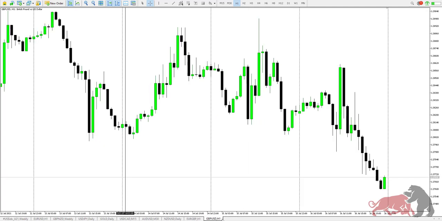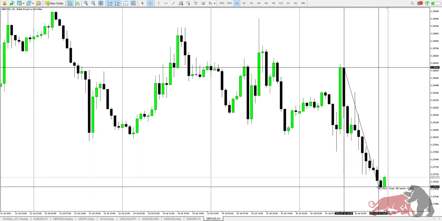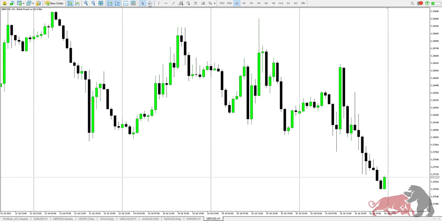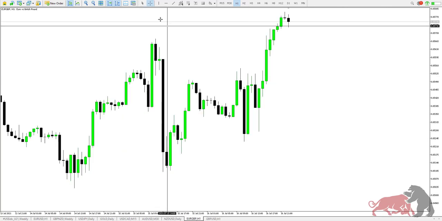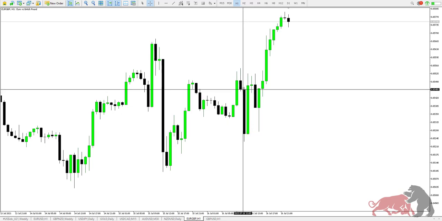When you come to Pound USD, the bearish candle eventually was followed through on Pound USD by a fall of almost 98 pips. So the 11 p.m. candle on Pound USD rallied 51 pips. But if you look at the 11 p.m. candle for Euro GBP, it dropped, right?